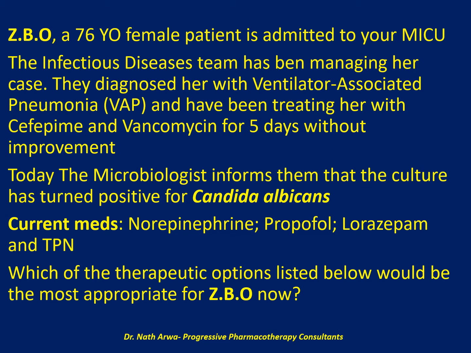Today, the microbiologist informs them that the culture has turned positive for Candida albicans. Currently, she's on norepinephrine, propofol, lorazepam, and she receives nutrition via TPN. So my question to you is, which of the therapeutic options listed below would be the most appropriate for ZBO now?